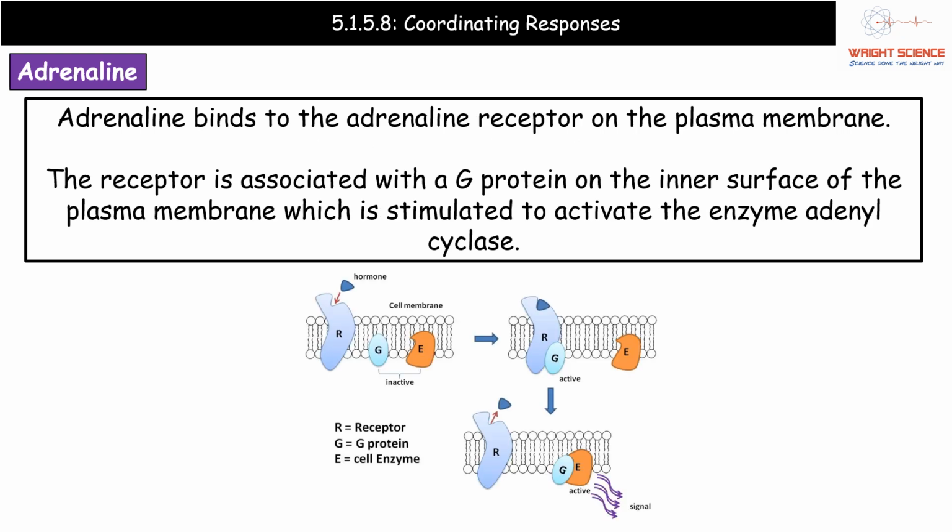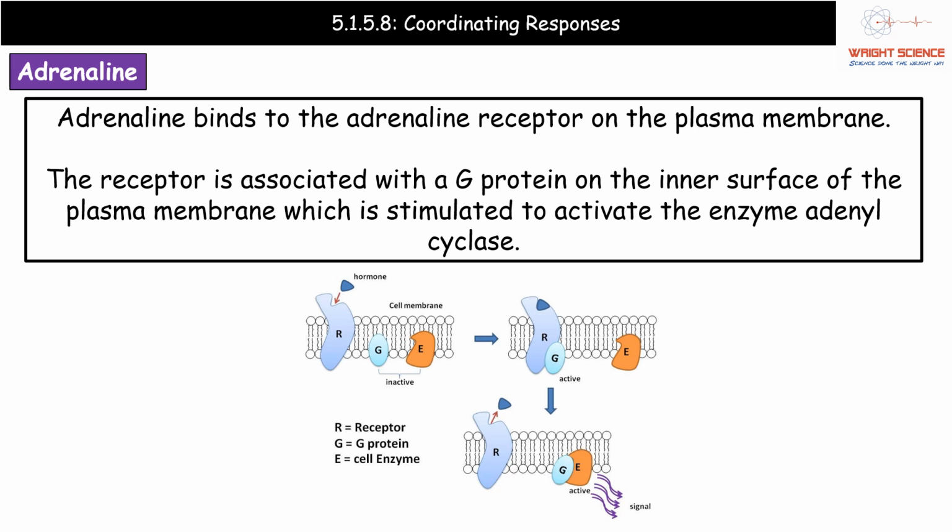In terms of what happens, the adrenaline binds to a receptor on the plasma membrane, and that receptor is associated with a G protein, which acts kind of like a switch in the cell. So that G protein is then going to cause the stimulation of the enzyme adenyl cyclase.